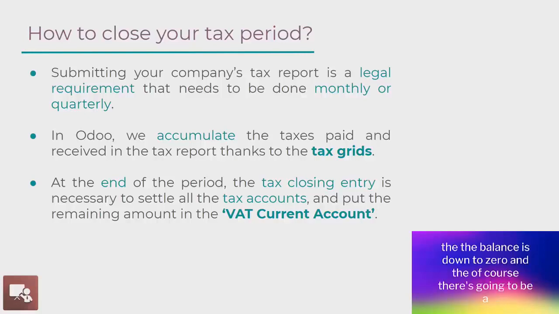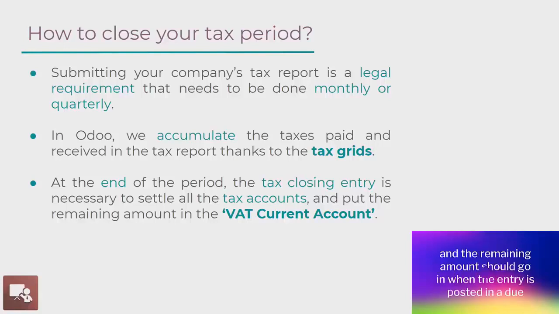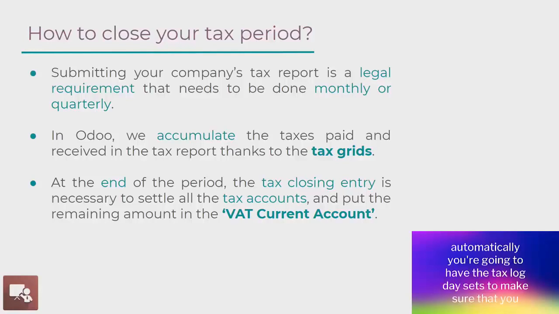So accounting-wise, what happens is that every time you register a customer invoice or any entry with taxes in it, you're going to increase the tax paid or tax received account. At the end of the period, you need to settle these.